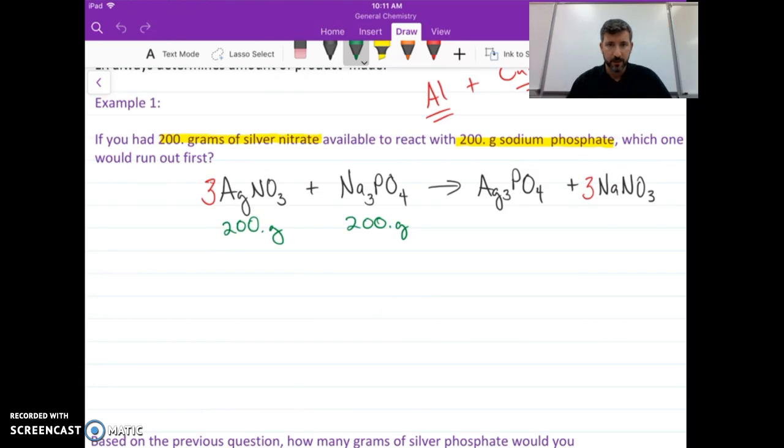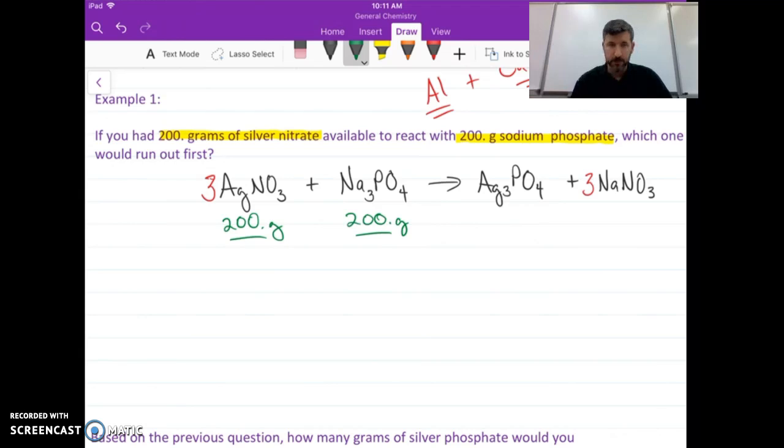So what I do is I just pick at random one of those two numbers, this one or this one. They're the same number, but they're referring to different stuff, silver nitrate and sodium phosphate, and I convert it to grams of the other. Because what I'm trying to figure out is, if I wanted to use up 200 grams of silver nitrate, how many grams of sodium phosphate would I need?